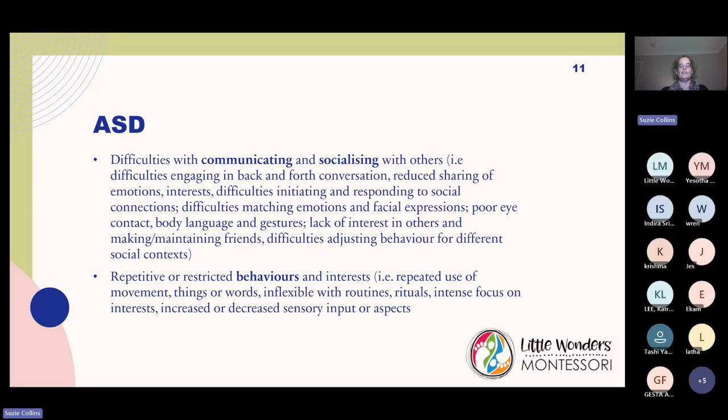There might be some things that they play with over and over, or some words that they say over and over, or it might actually be copying somebody else's words. They might find it really difficult to be flexible around routines, and when the routine changes, find that really difficult to cope with. Or perhaps they have rituals that need to be followed all the time.